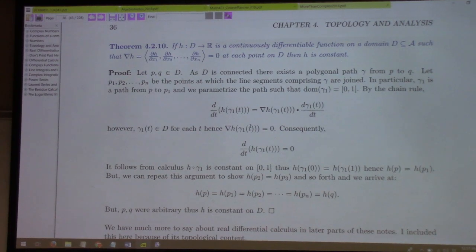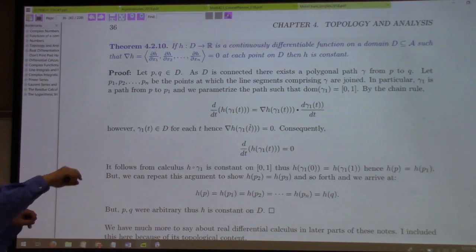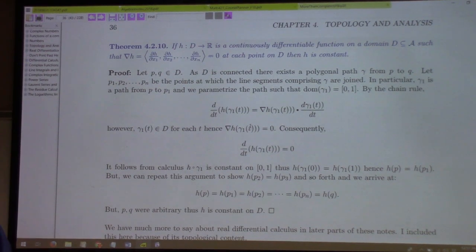The proof is just the chain rule and the polygonal path, which we get because the set's connected. We can prove that the function h is constant on each segment, as is shown here, which then means that the function has to be the same along each segment. So connect the dots, connect the constant dots. So h is constant on such a domain.